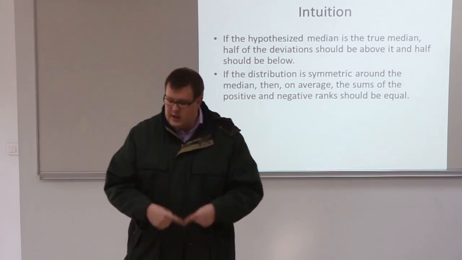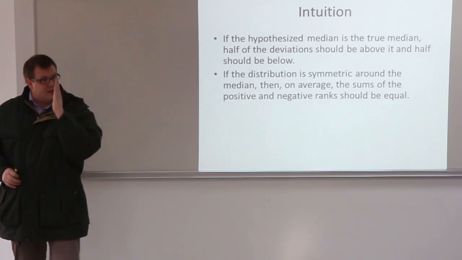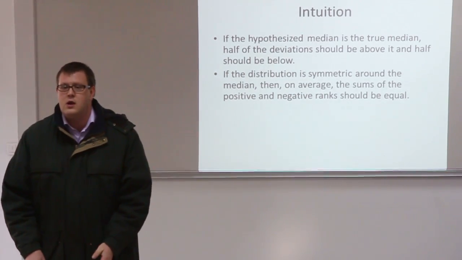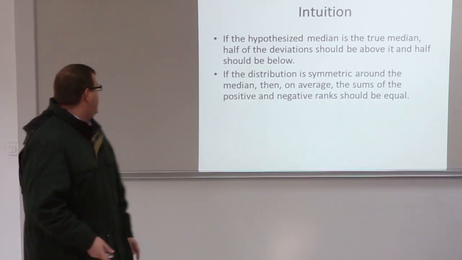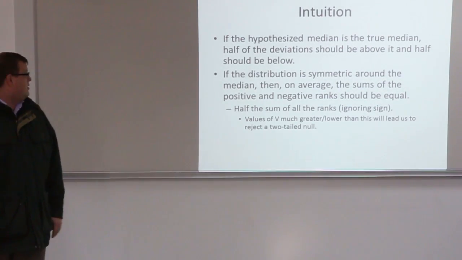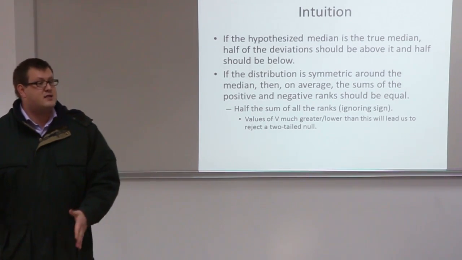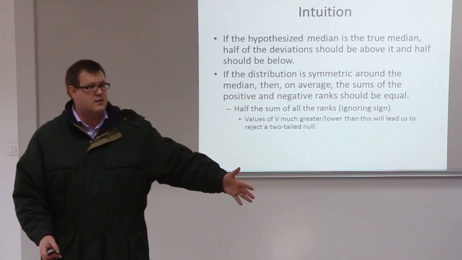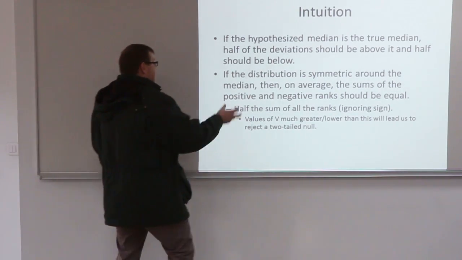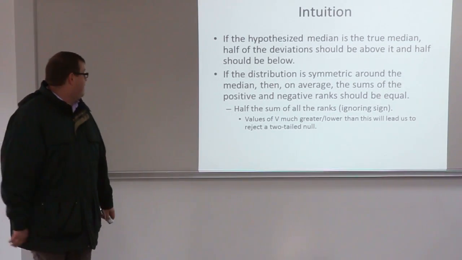So if the hypothesized median really is the true median, then the sums of the positive and negative ranks should be equal. So it should be basically half of the sum of all of the ranks. If you summed up all of the ranks and divided by 2, you should get, on average, the sums of the positive and the negative ranks.